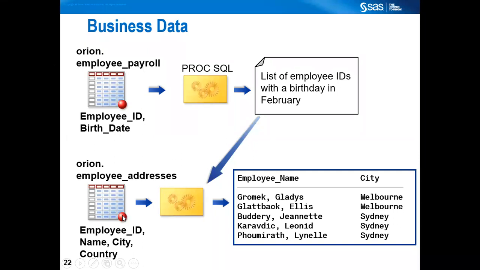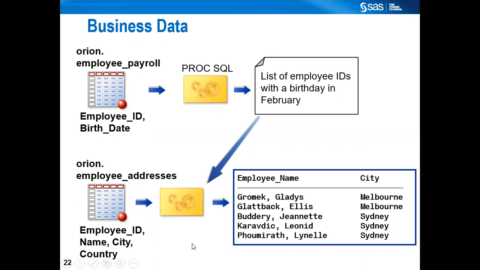So ID is common, correct? Name is coming from address, birth dates from payroll. So you are going to select all the people whose birth dates are in the month of Feb. And from this table, you are going to select those people whose IDs are common with these IDs, with name, city, and country. Are you getting it now?